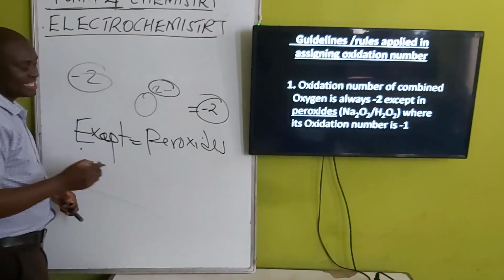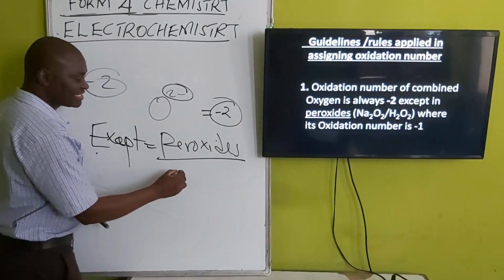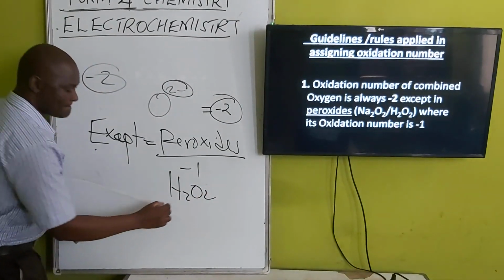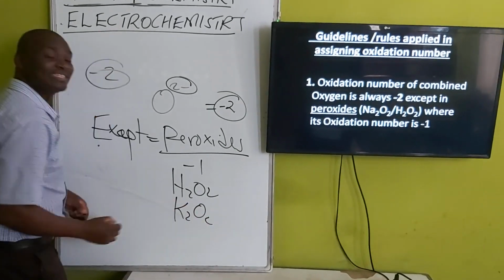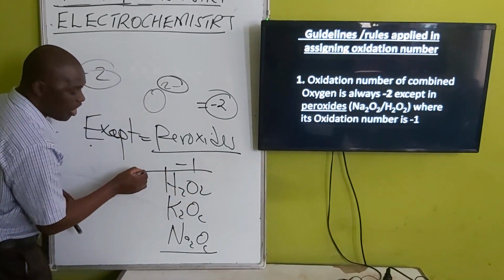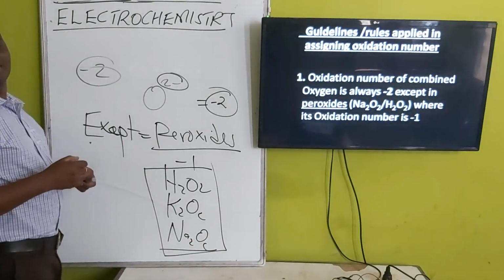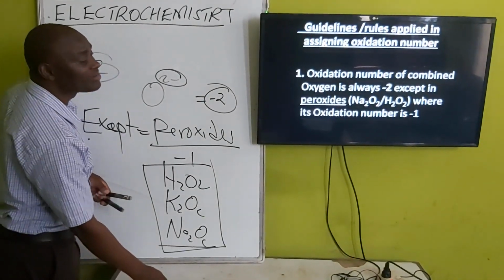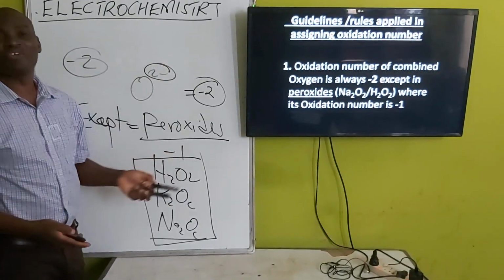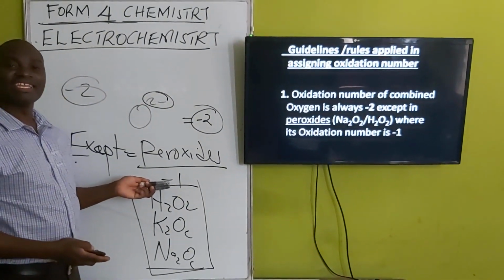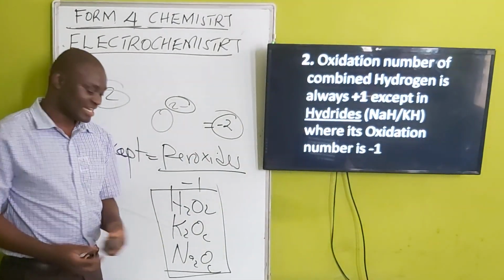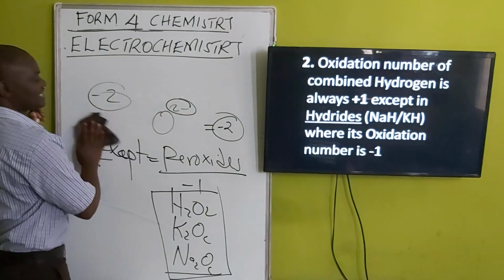In peroxides, oxygen is given -1, like in hydrogen peroxide, potassium peroxide, sodium peroxide. In all these peroxides, oxygen is given an oxidation number of -1. But in all other compounds, it is normally given -2.